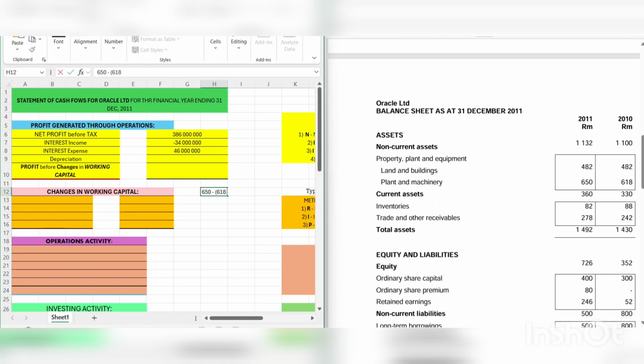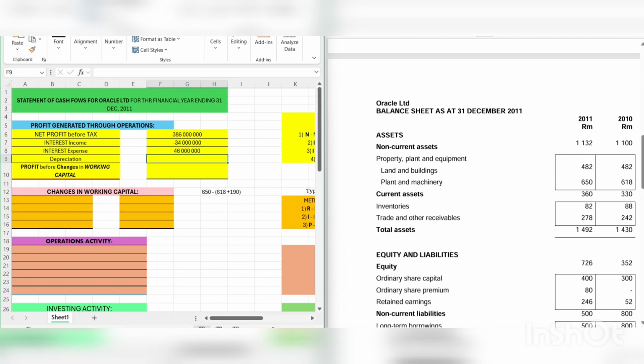So the first thing is you'll take the higher amount, which is the year from 2011, and we're going to subtract 618 million plus 190 million. All right, so we can do that working out right here.